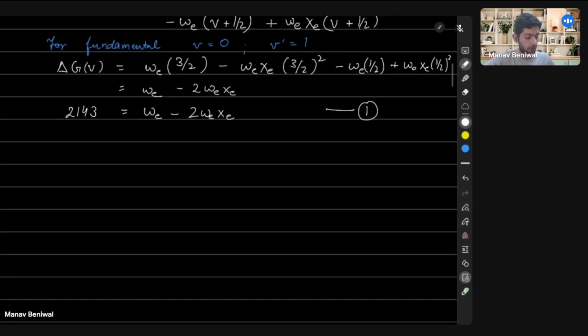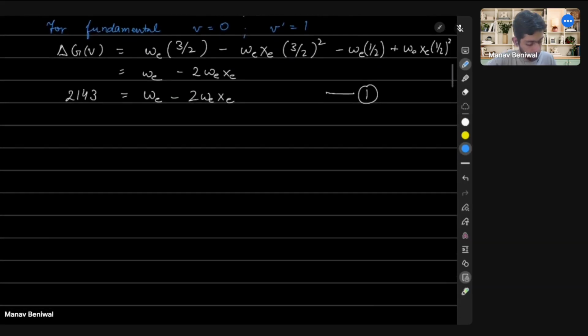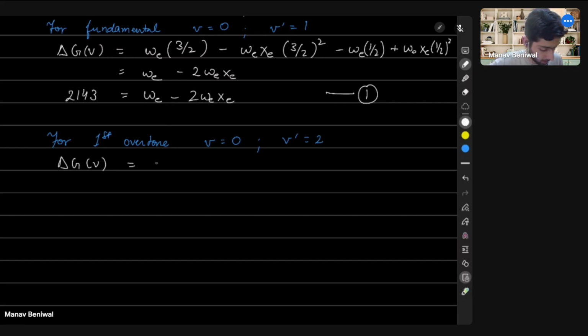Now for the first overtone, v is 0 and v prime is 2. Therefore, the first two terms of delta G v will change.